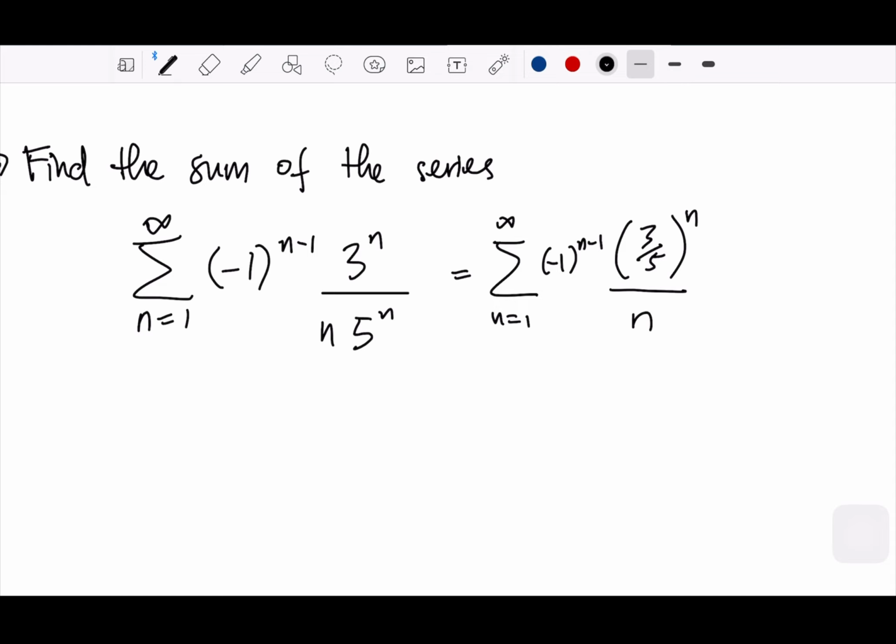And if you remember the ln 1 plus x, this is precisely the same structure.